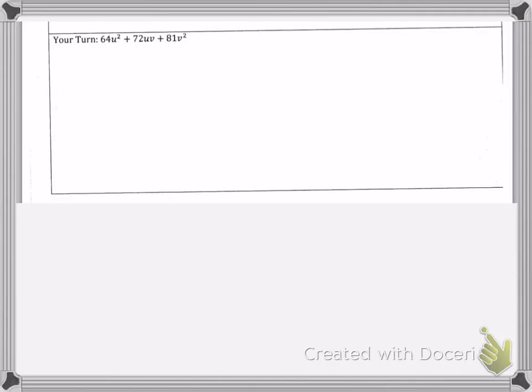All right, now we're going to try this one. Square root of 64u squared is 8u. Square root of 81v squared is 9v. In order for this to work, we have to have double the product of these match that one.